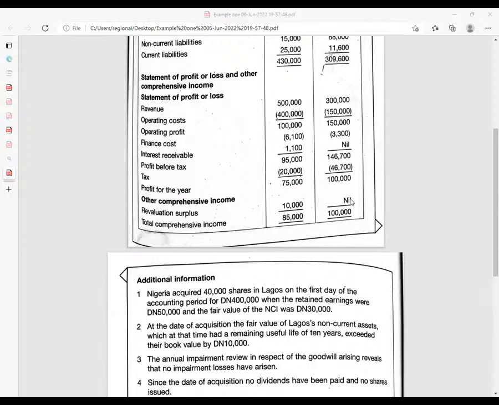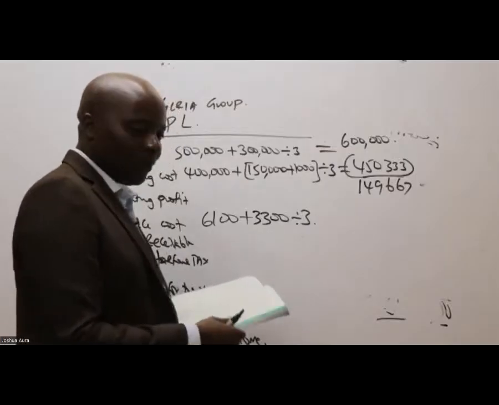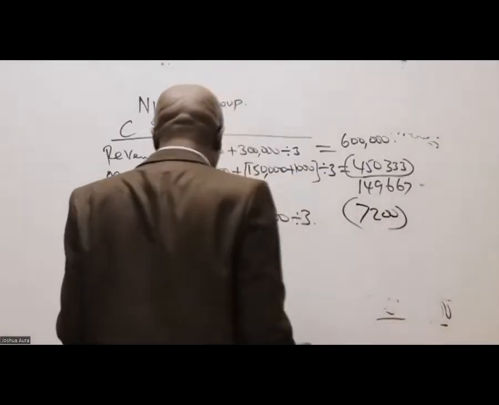But you see, this 3,300 has to be translated, so divided by the average rate, which is 3. Could you kindly give me this finance cost figure? What do we have there? Somebody? 7,200. I'm supposed to deduct that.